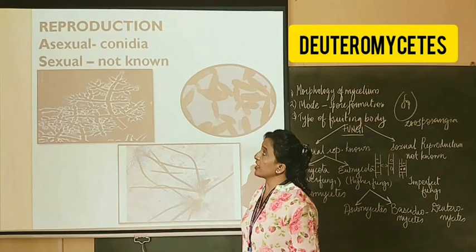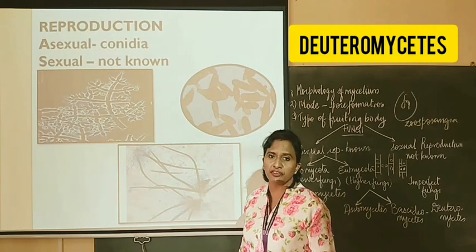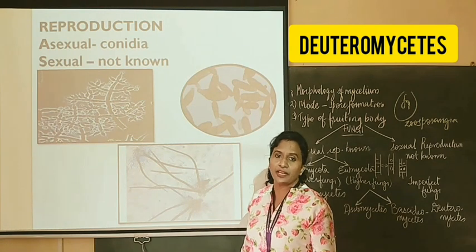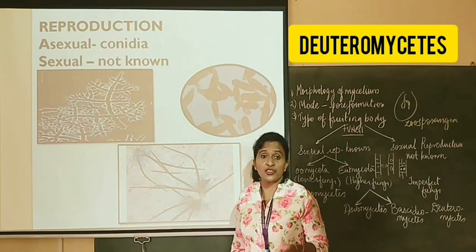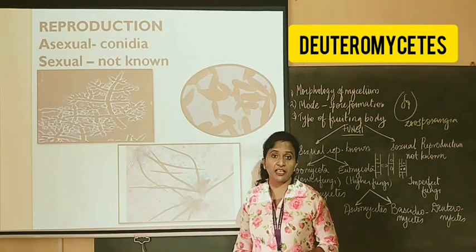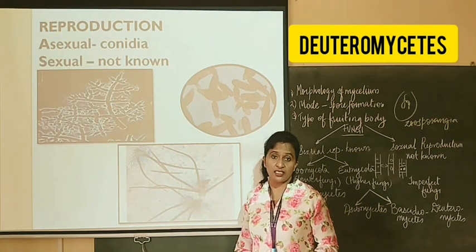Here reproduction occurs through the asexual mode and the vegetative mode. Vegetative reproduction can take place through fragmentation, and asexual reproduction occurs through various types of conidia formed on the hyphae, so they are exogenous spores.